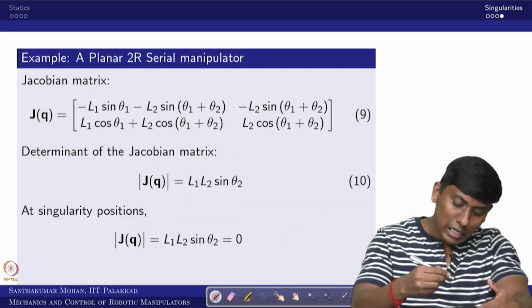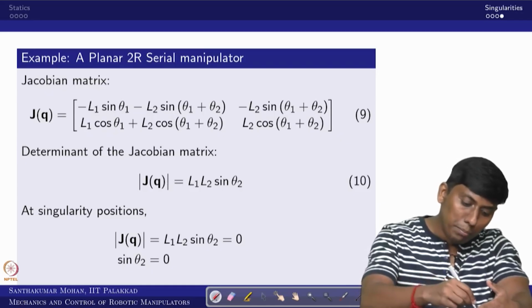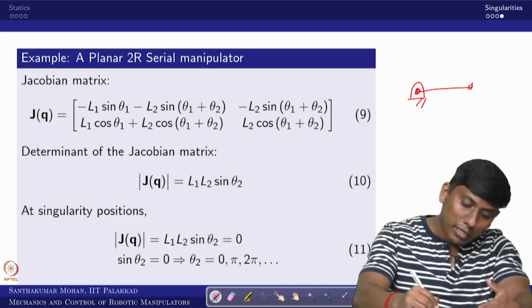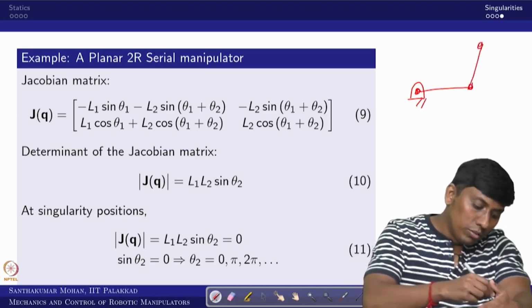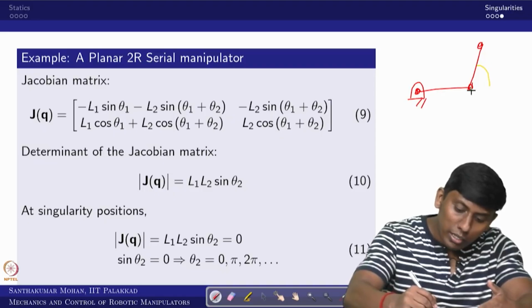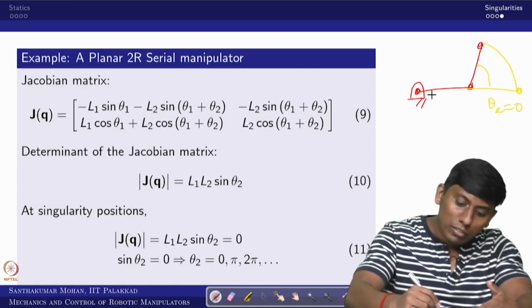That is very clear. Now let us take two simple cases. For example, this is a 2R serial manipulator. I am trying to show when this can be singular. So you rotate this and make it straight. What happened? Theta 2 is 0 degrees. So it is at the extreme, this is the workspace boundary.